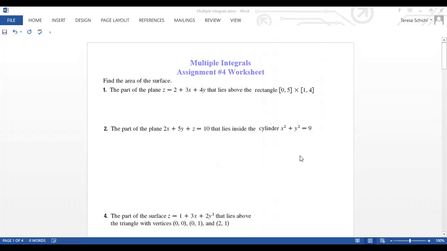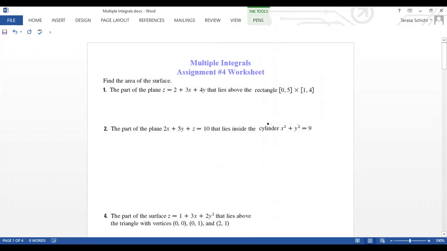The first one, let's take a look at problem number 2. We want to find the part of the plane 2x plus 5y plus z that lies inside the cylinder x squared plus y squared equal to 9.